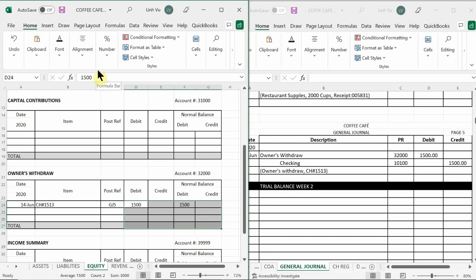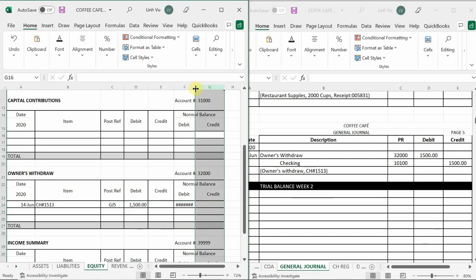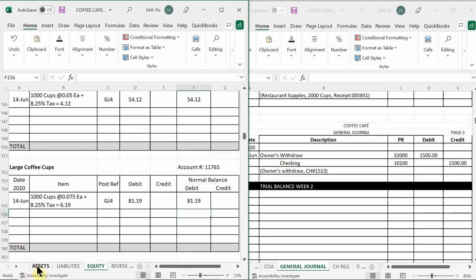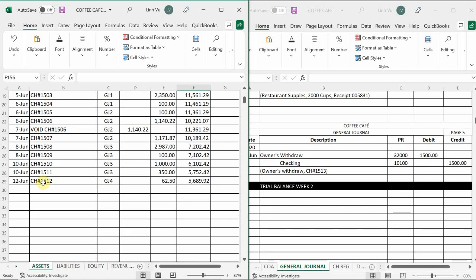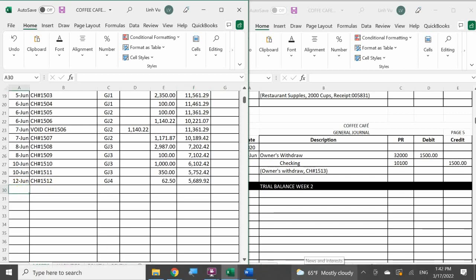So it should be a debit in this case, and that's exactly what we journalized it as. It is a debit, so it is intentionally decreasing my credit here, or my equity, which is a credit. And of course, last but not least, I need to update my checking account because I ended up taking money out and I need to adjust my checking account accordingly.